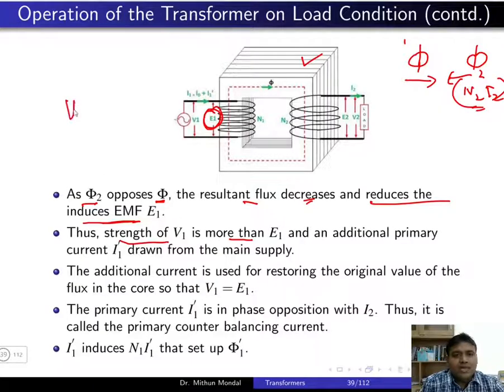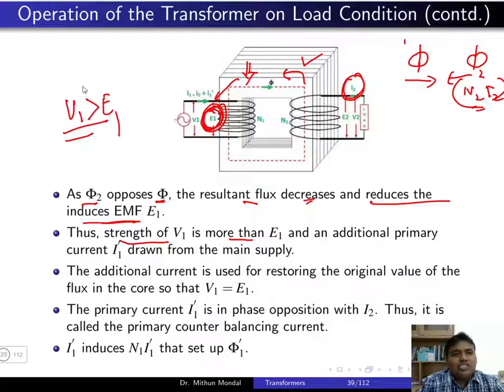So obviously, what is happening? V1 is more than E1 because E1 has decreased due to this load current. Due to this load current, the flux that has been produced in the opposite direction has led to a decrease of the flux in the core. This decrease of flux has decreased the induced EMF E1, and hence V1 is more than E1.